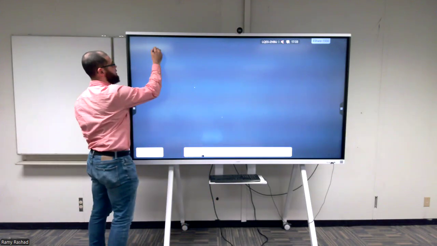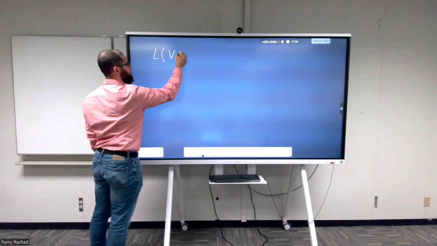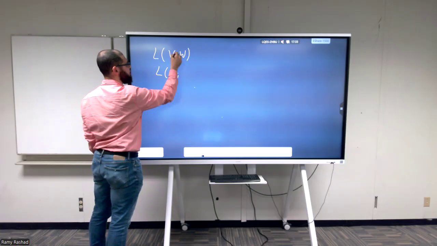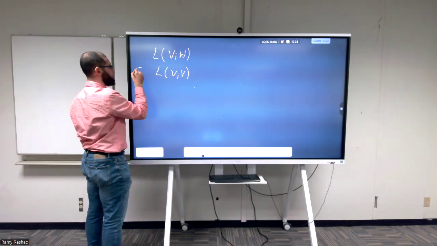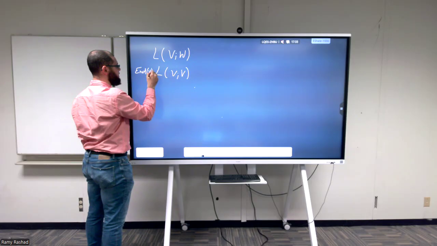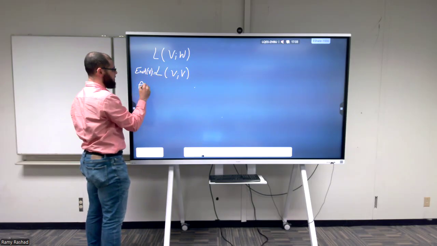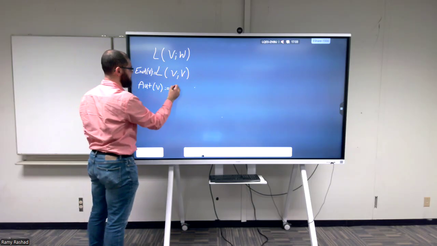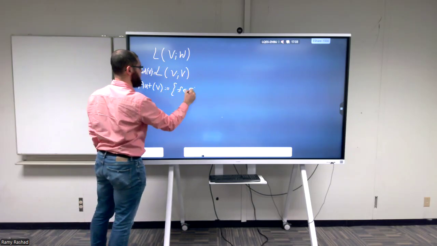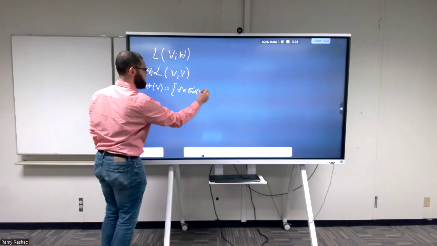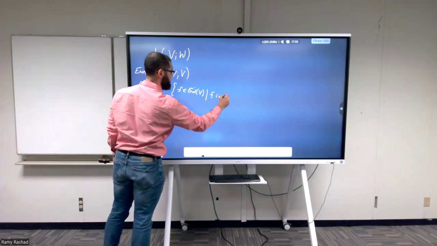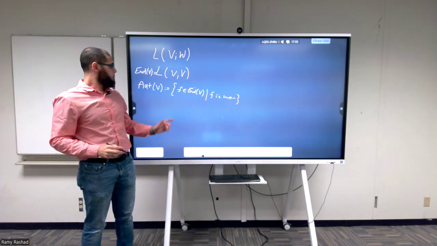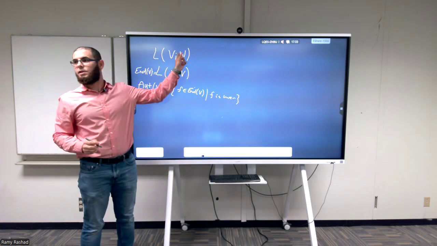Okay, so the question is on the linear maps between V and W, and we said if we have linear maps between V and itself, we call these the endomorphisms on V. And then we said there's another subset of this space, which is the set of all maps in the endomorphisms on V such that F is invertible. So this is a subset of this, and this is a subset of that.